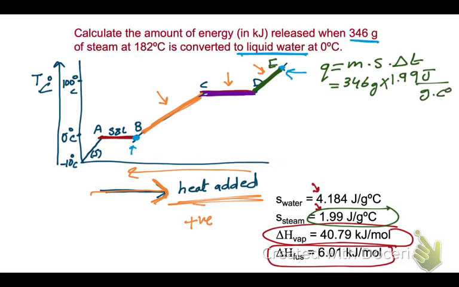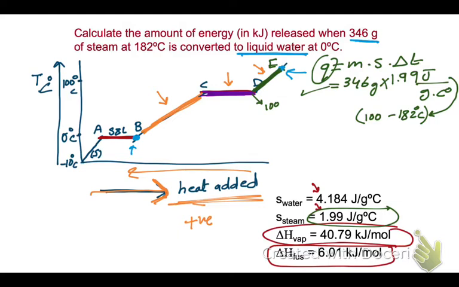And then delta T is final minus initial. The final here is 100, D is 100, minus the initial, which is 182 degrees Celsius. So delta T here will be negative, so Q will be a negative value by itself because delta T is negative.